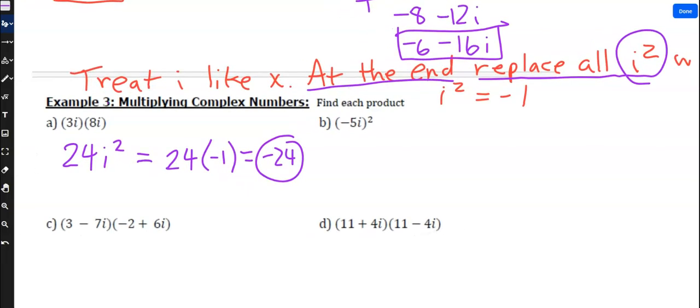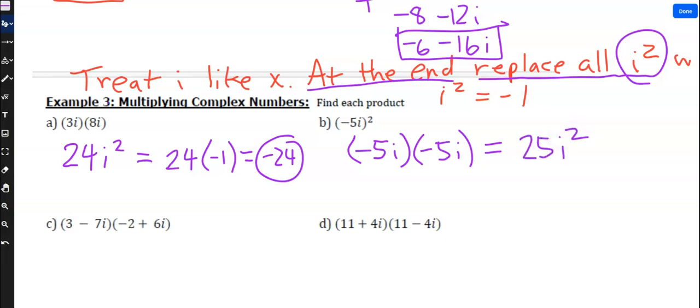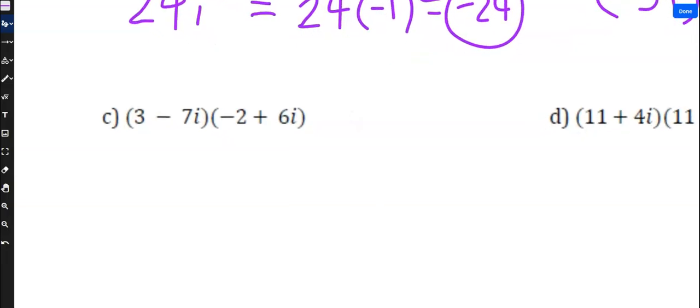So that means the b right after that is negative 5i times negative 5i, because squaring something means you're just multiplying it times itself. 25i squared, which is really 25 times negative 1, or negative 25. Every time you see i squared, replace it with a negative 1.